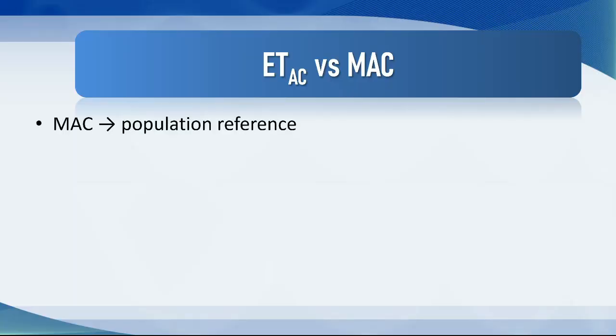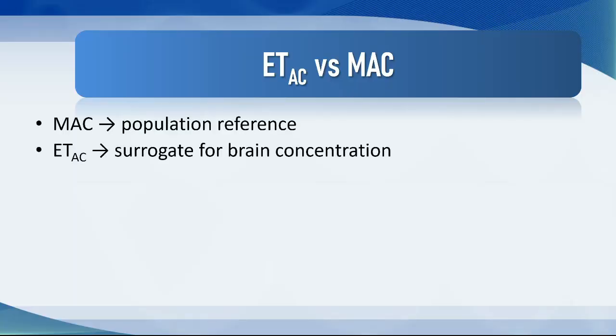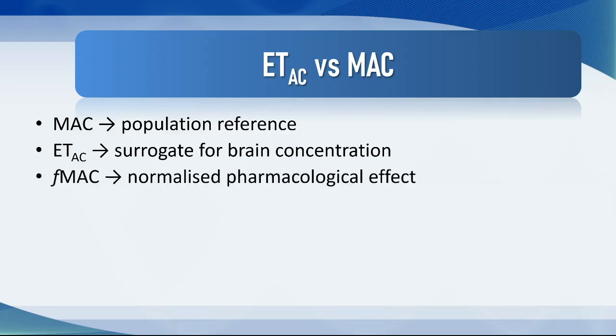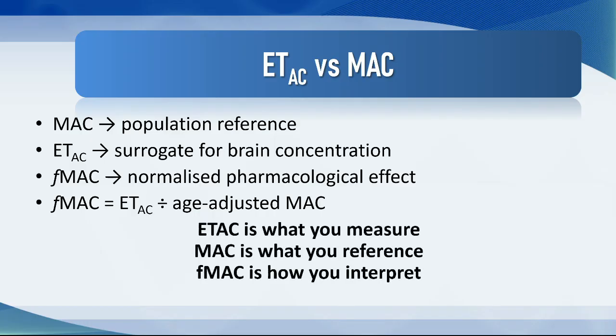MAC is a population reference, and end-tidal anesthetic concentration is a surrogate for brain concentration, and the Fmac is a normalized pharmacological effect. The Fmac is calculated from the end-tidal anesthetic concentration divided by the age-adjusted MAC. So the end-tidal concentration is what we measure, the MAC is what we reference, and the Fmac is what we interpret.